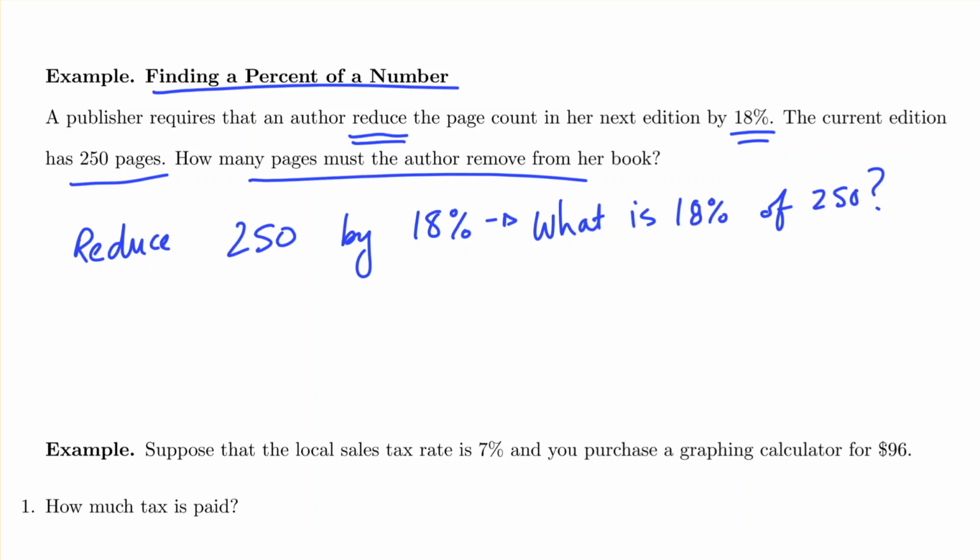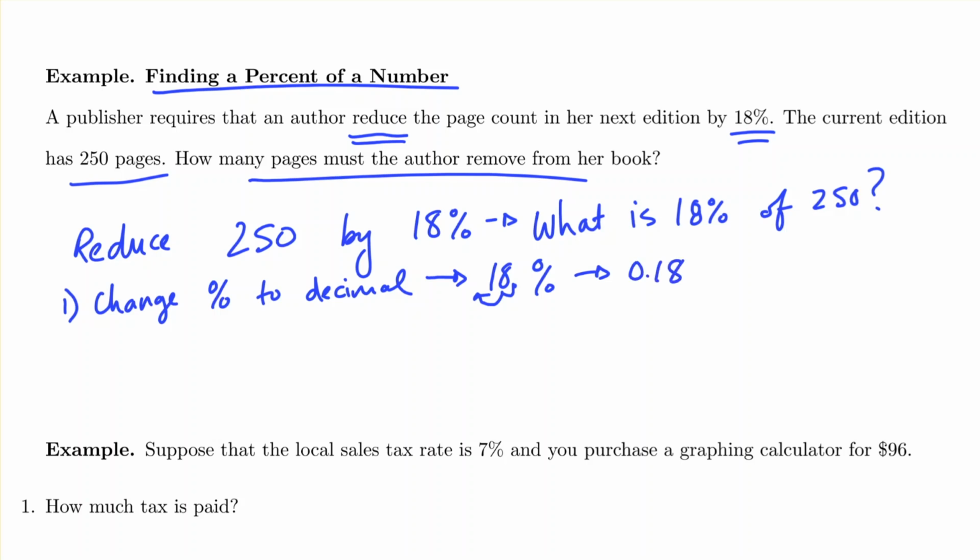So to find the percent of a number, step 1, change the percent to a decimal, which we covered doing earlier. So for us, that would be 18%. Well, I find the decimal place, it's to the right of the last digit, and then I move 2 places to the left, so this is equivalently 0.18 as a decimal.